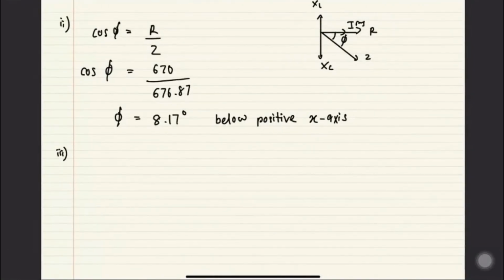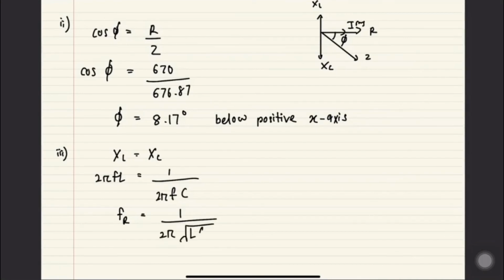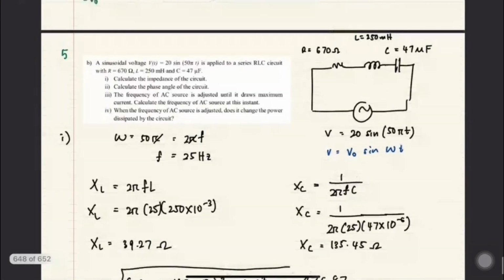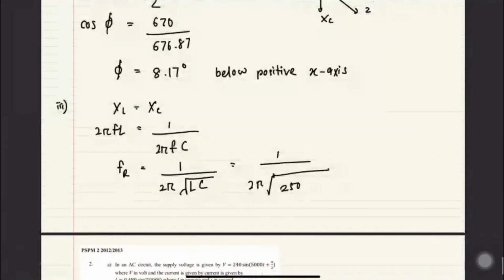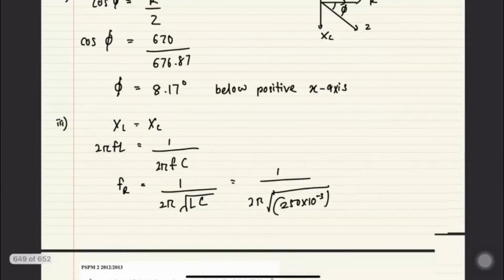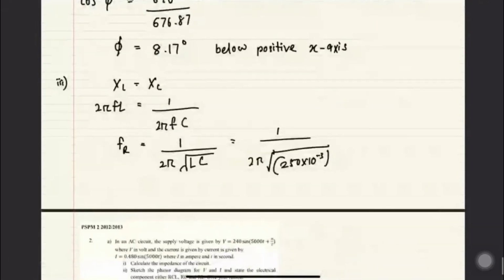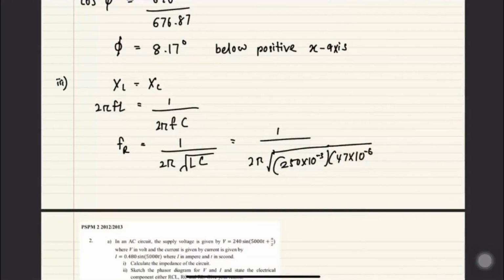Resonant frequency is when XL equals XC, where 2 pi f L equals 1 over 2 pi f C. I can rearrange in terms of f, which is fR. So fR is equal to 1 over 2 pi square root of LC. If the equation is not given in the question, you have to memorize it. L is 2.5, capacitance is 47 microfarad.